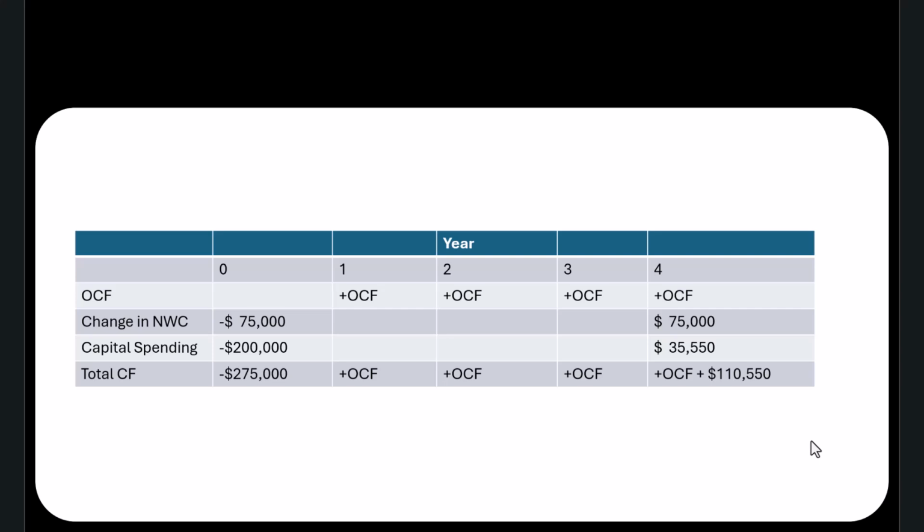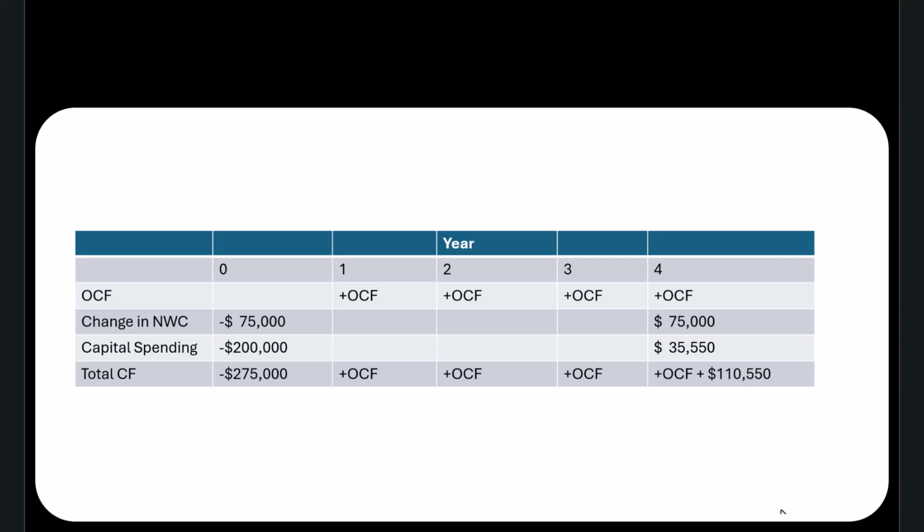So here's what the cash flows look like. You're going to have these operating cash flows for 4 years. In year 0, you're going to invest $75,000 in net working capital, but we assume that in year 4, you recoup the net working capital.